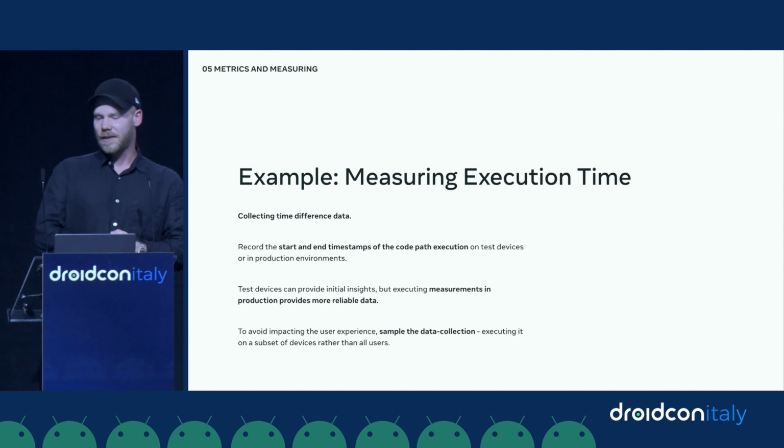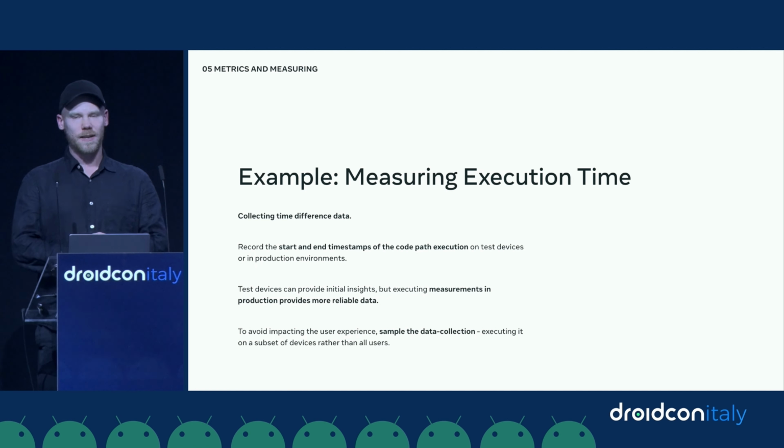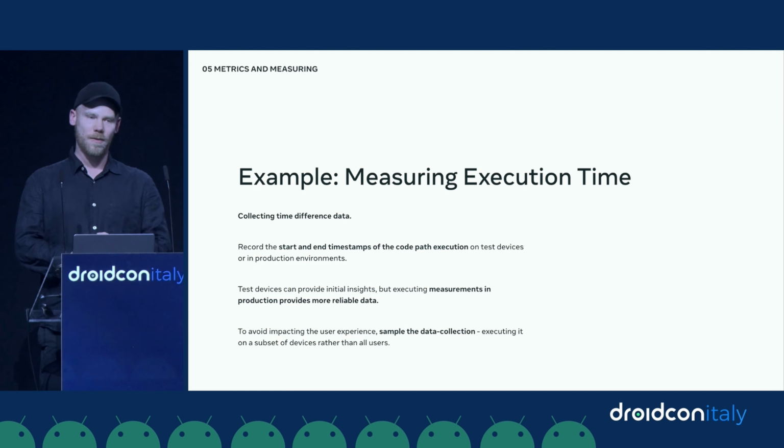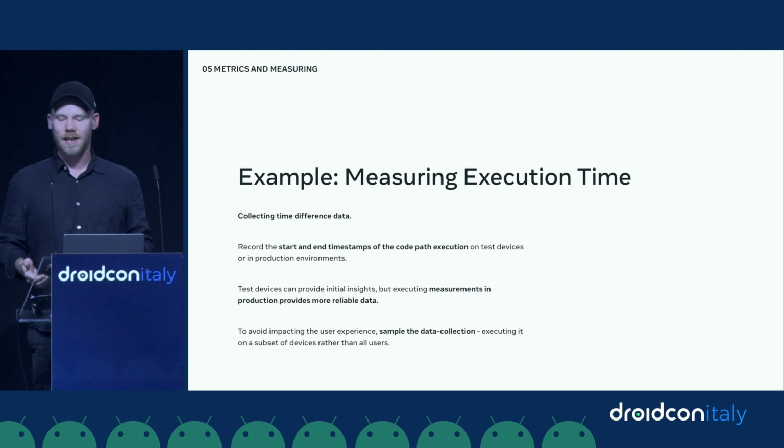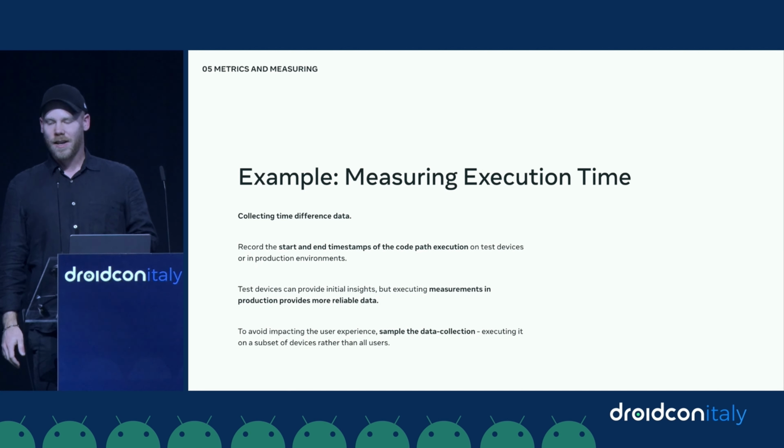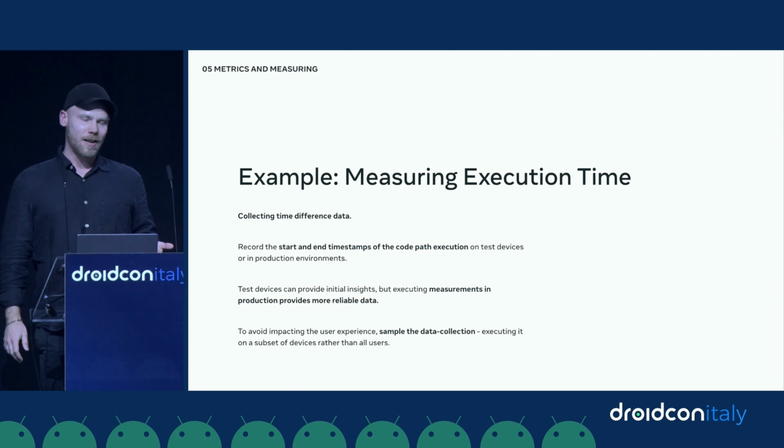I'm gonna dive into the execution time measuring for a couple of slides, just to give an example of how this can look. If we look at the execution time, in the simplest way, this just means we will collect 2 timestamps, right? We will collect one at the start and one at the end of our code path execution. And then we will just take the delta.